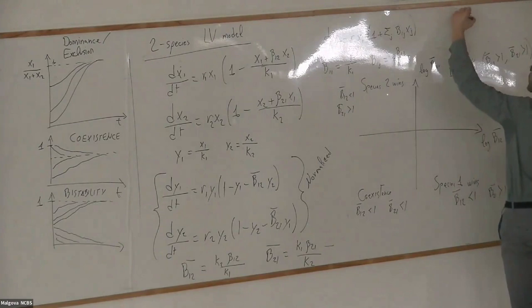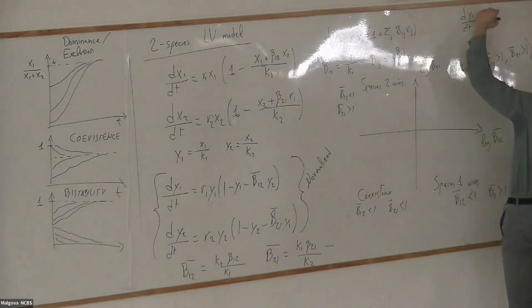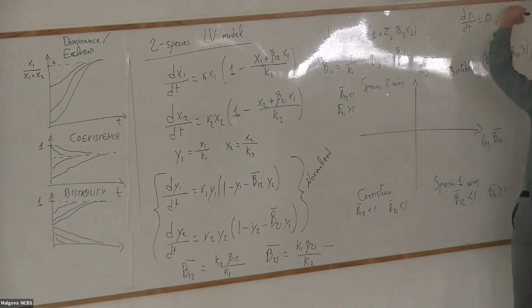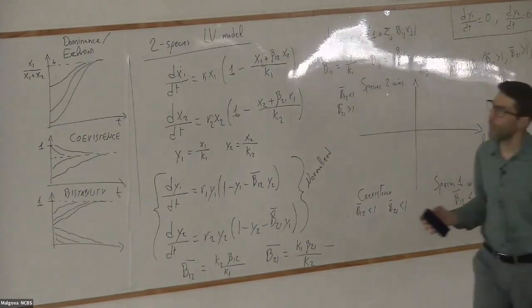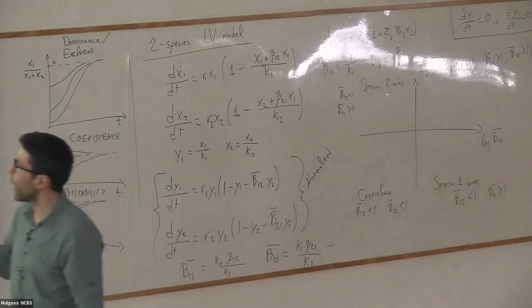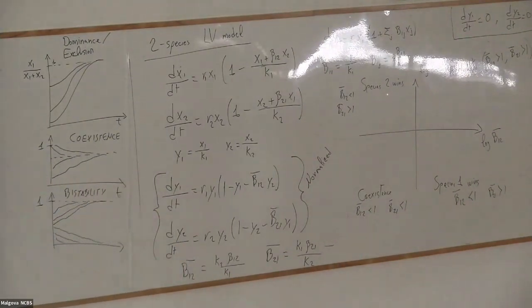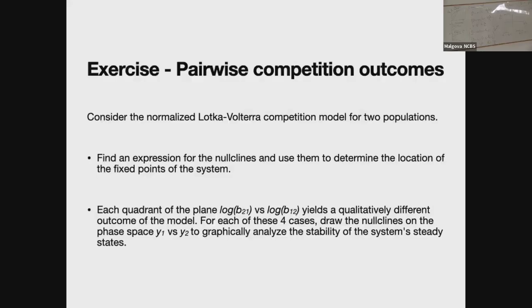So let's find the null clines and try to use them to find the fixed points. And later on, we will see how this leads to the different competition outcomes for pairwise interactions.